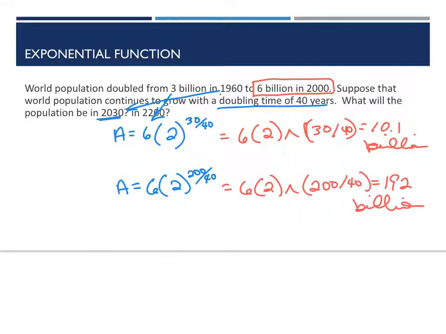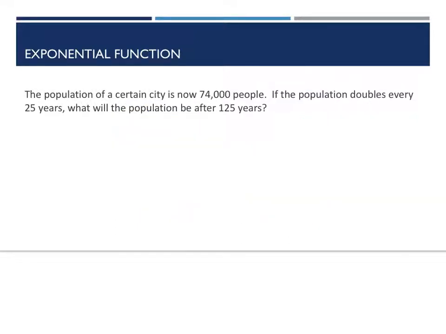Now there's absolutely nothing funky about the last one. I highly encourage you to do that one on your own and use me to check your answer. $74,000 is my original amount. Doubling every 25 years.